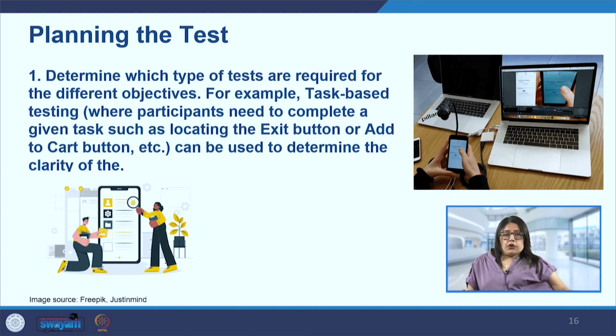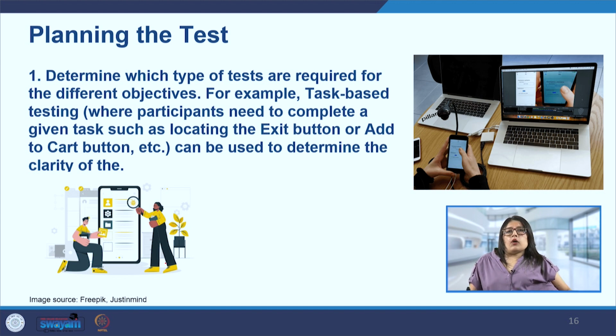So again, continuing in planning the test, we have to determine which type of tests are required for the different objectives that we have. Like we saw earlier, whether it is aesthetics, clarity, or the navigation that we saw, what are the important functions that we are testing it on.